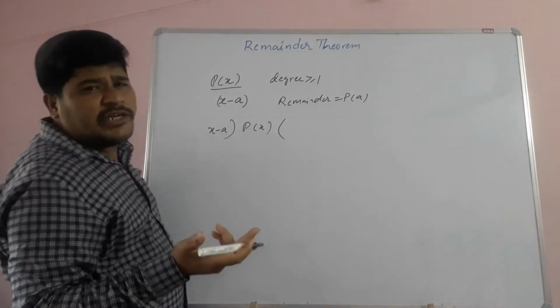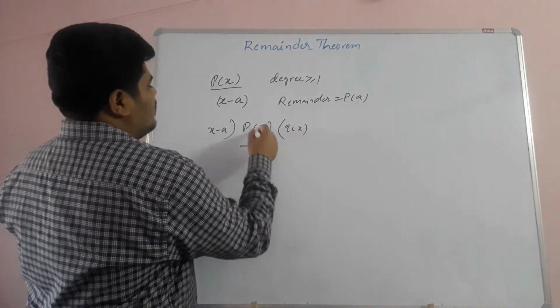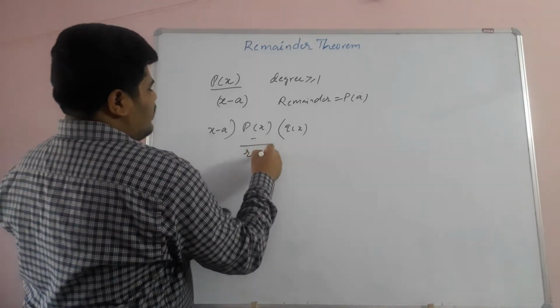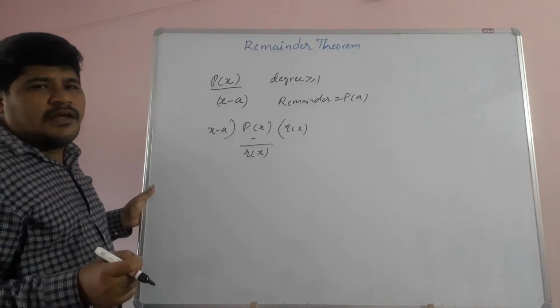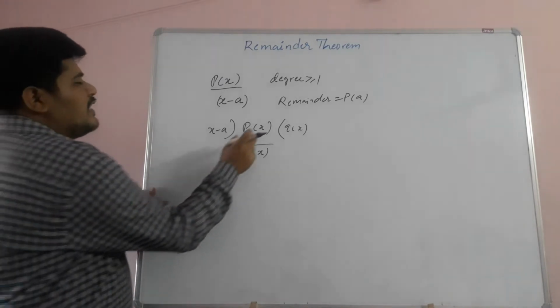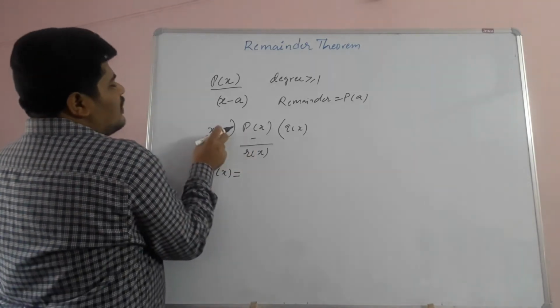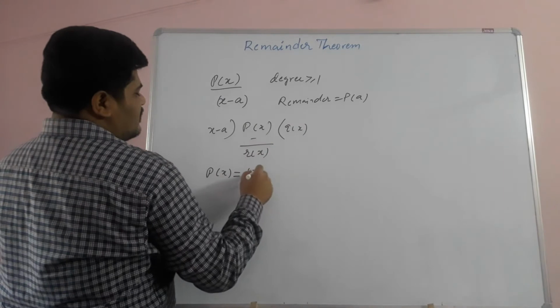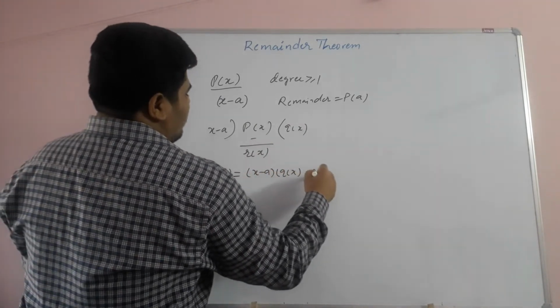Let the quotient be q of x and the remainder be r of x. Now apply the division algorithm. Dividend is equal to divisor into quotient, x minus a into q of x, plus remainder r of x.